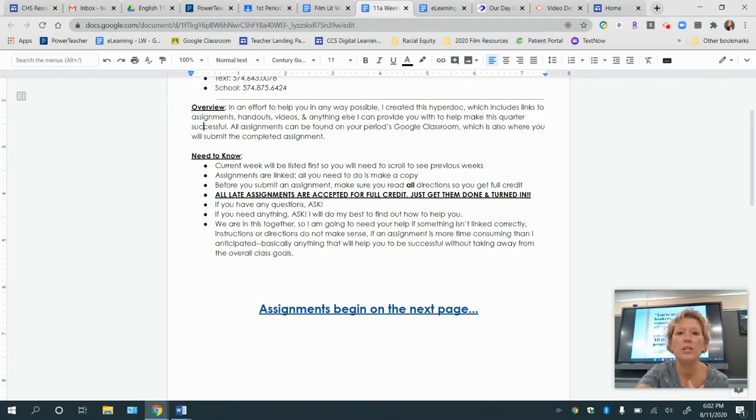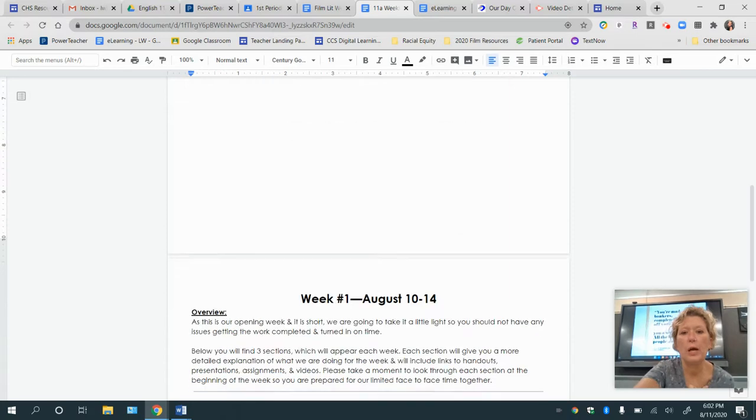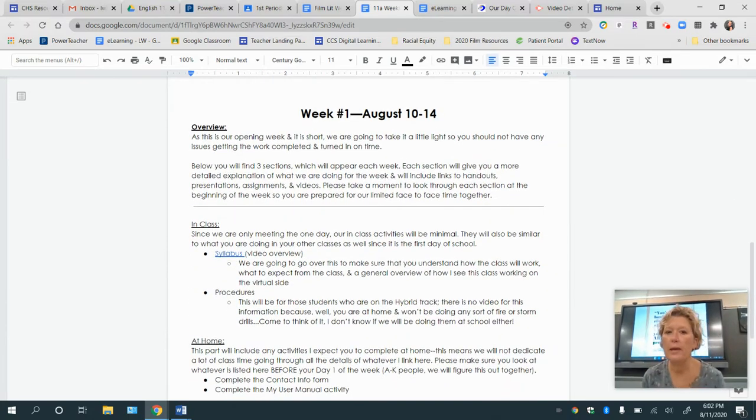So the opening page here is just that overview stuff, and then the assignments start at the next page. And I'll let you read through all of this yourself, but this is an opening week, and it's going to be a little bit short and sweet. Don't get used to the light load, because since we're in a 9-week period, we're going to have to do some cramming.